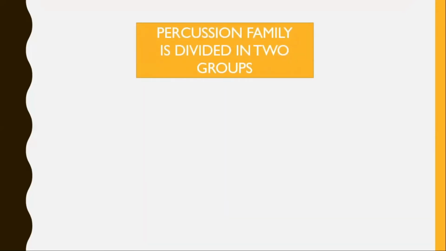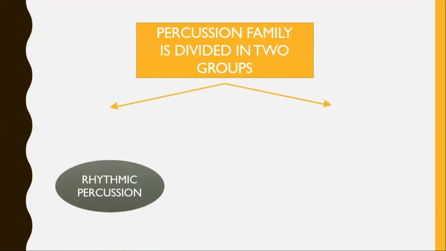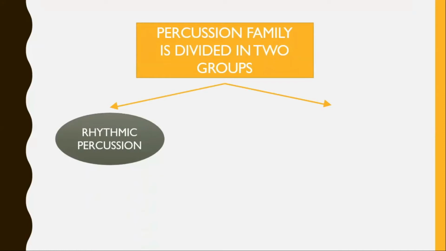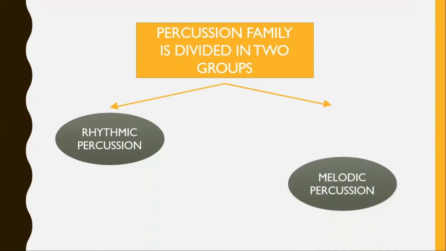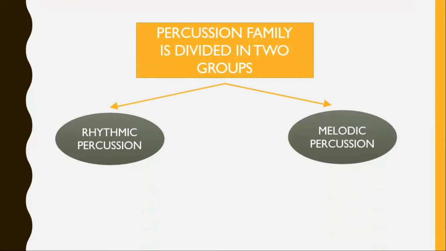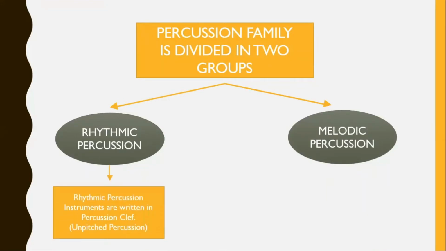The percussion family is divided in 2 groups: rhythmic percussion and melodic percussion. Rhythmic percussion instruments are written in percussion clef, unpitched percussion.